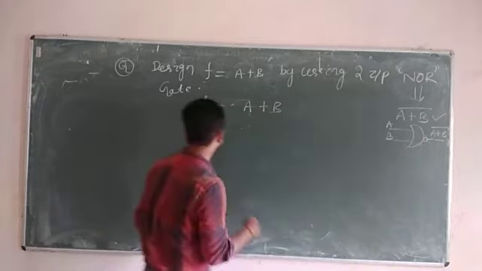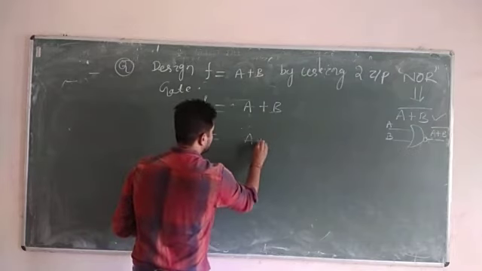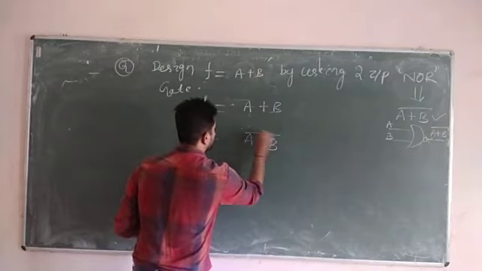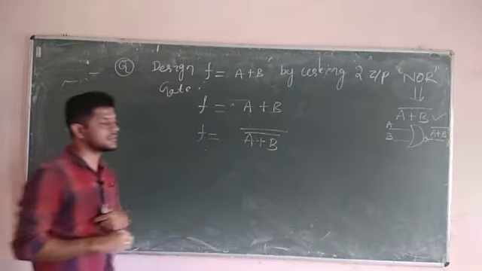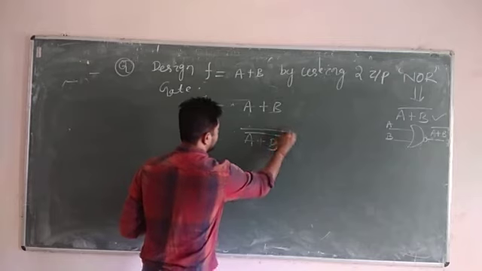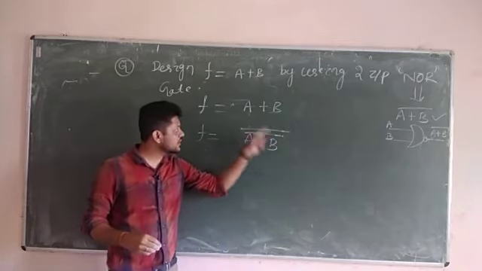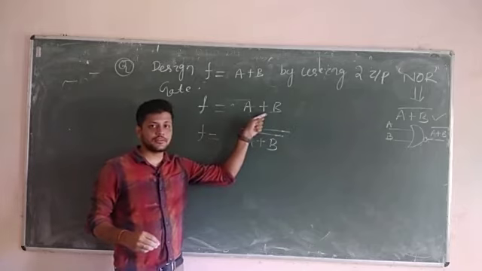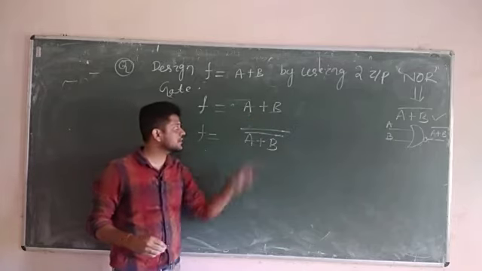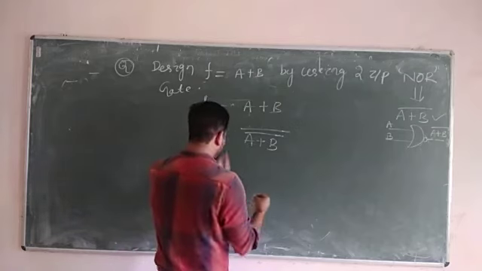Then how to implement? So obviously f is equal to, we are going to take this as a or b whole bar whole bar. This is the way we are going to take, because 2 times bar means nothing has changed. This expression is same as this expression. So obviously now the game is over.